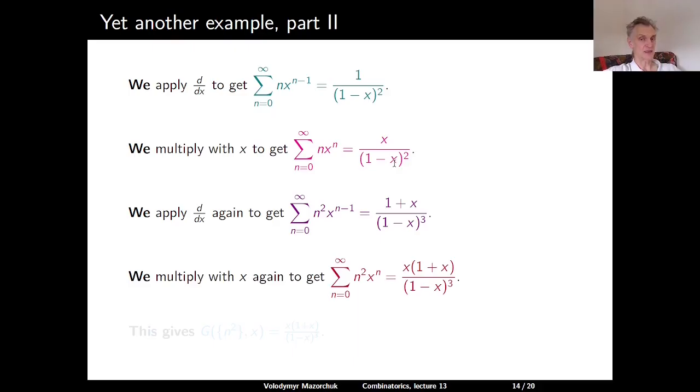We multiply with x again, and we get that the sum over all n of n squared times x to the power n is equal to x times 1 plus x divided by 1 minus x cubed. This means that the generating function of our sequence n squared is equal to x times 1 plus x divided by 1 minus x to the power 3.